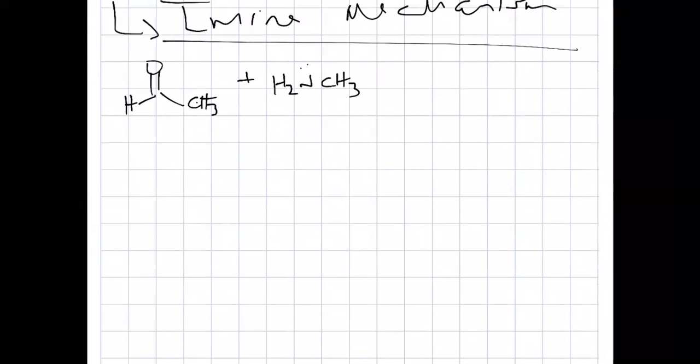All right, so I have my primary amine and my aldehyde, and when I react them together, what do you think the first thing is that happens? All these carbonyl reactions kind of follow a similar pathway. So what do you think happens first?